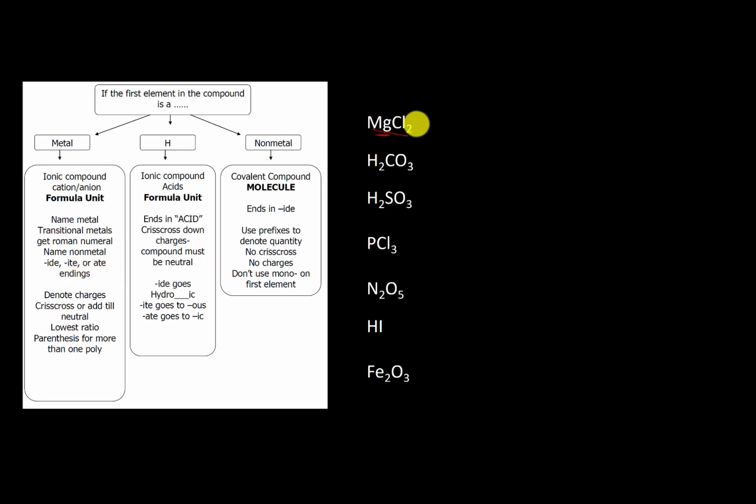So let's just figure out what the ions are really quickly. Our ions are Mg2+ and Cl negative. Magnesium and chloride, the name is magnesium chloride.